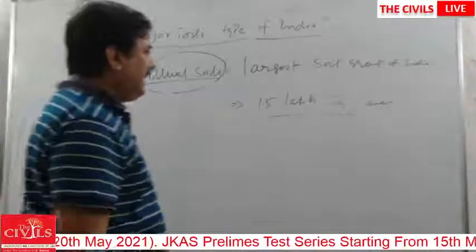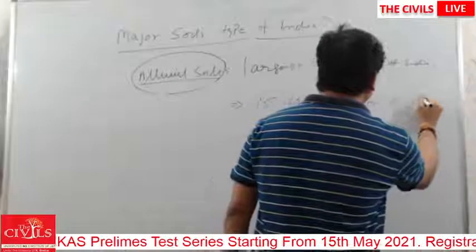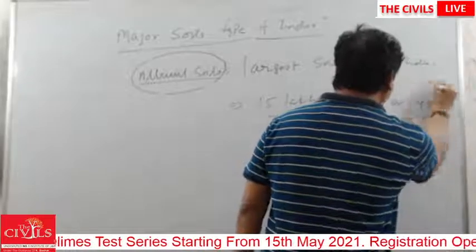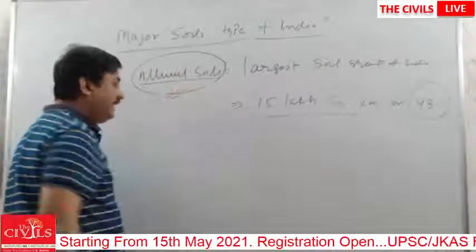Okay, 15 lakh square kilometer, or about 43% of the total area of India, is under this alluvial soil.